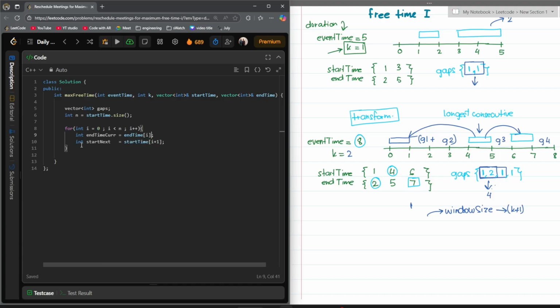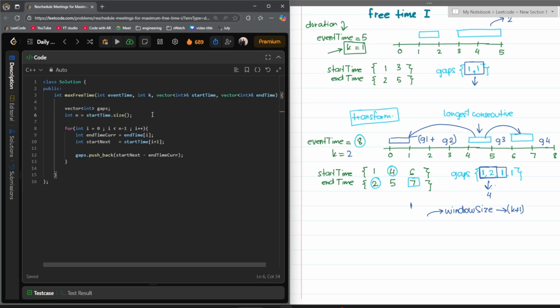And since I am doing i plus 1, I need to make sure that I iterate till n minus 1 only, right? Makes sense. And what am I going to push inside the gaps array? I'm going to just push back the difference of these two: start of the next minus end time of current, basically, isn't it? I could have taken the absolute, but you can do it this way as well. So the start time of the next event 4 minus the ending time of the current event, which is 2, tells you that there is a gap of 2.